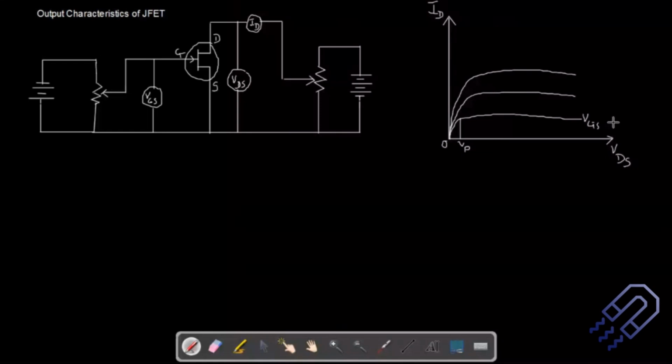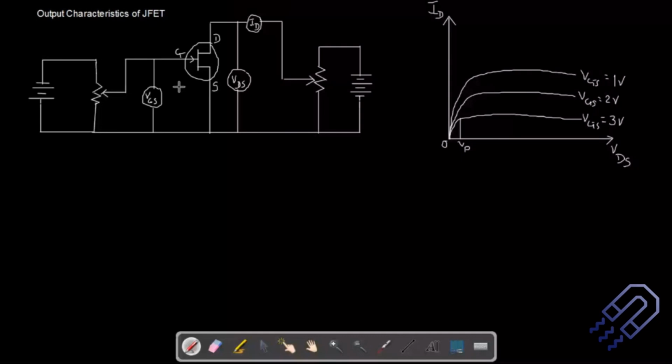If VGS is more, you are going to get less current because it's in reverse bias. Please don't mix up this part, this is important. VGS is, let's say, 2 volt, and this is VGS equal to 1 volt. Since this is connected in reverse bias, if we have more gate source voltage, the depletion region is going to be more.